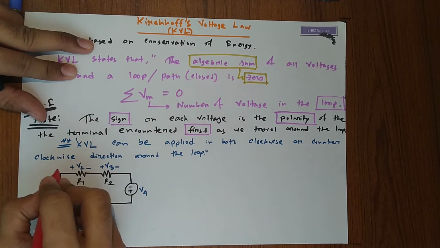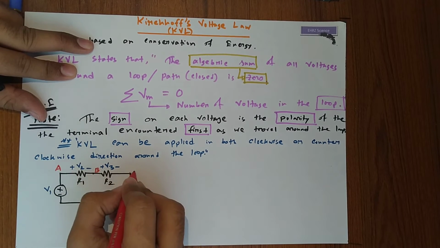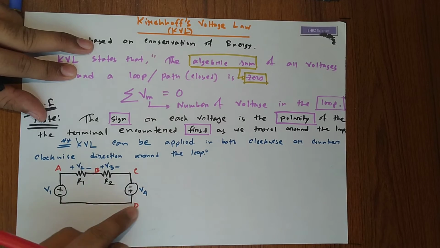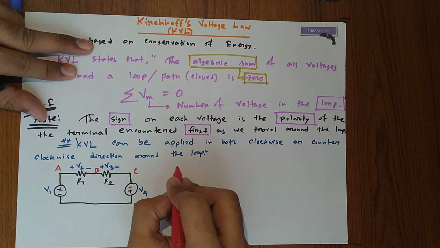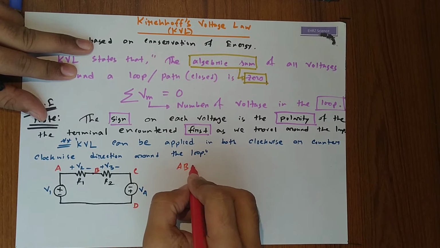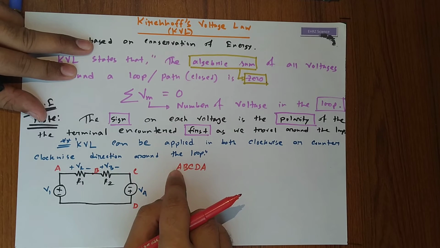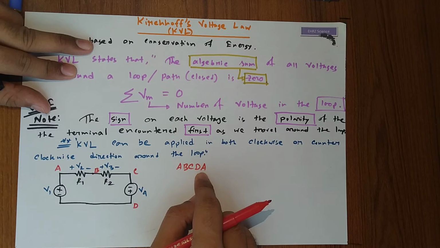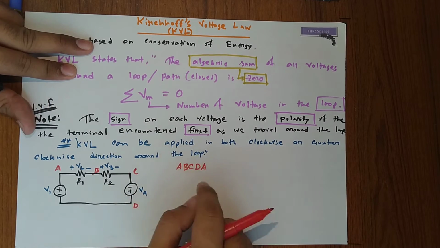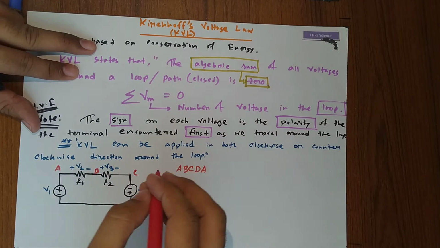Suppose you are traveling from point A, this is point A, this is point B, this is point C, this is point D, and back to A. So you have to travel the path A, B, C, D, A. Whenever you start from point A, you have to end the path at point A, otherwise the path will not be closed.